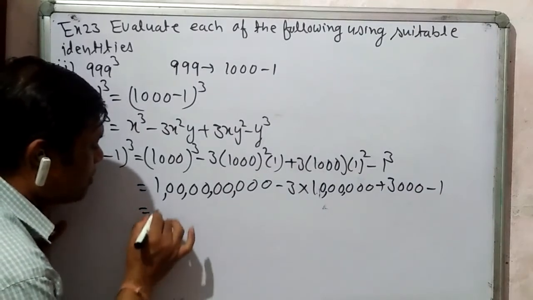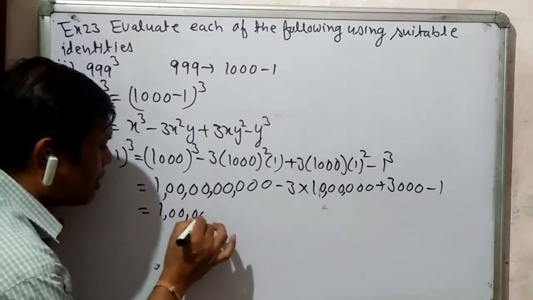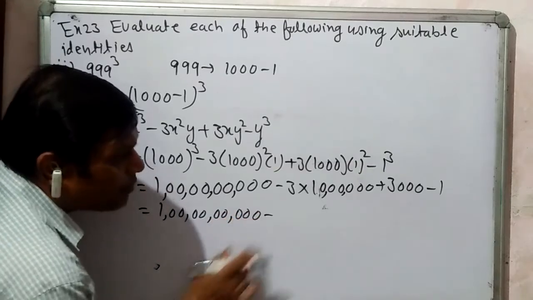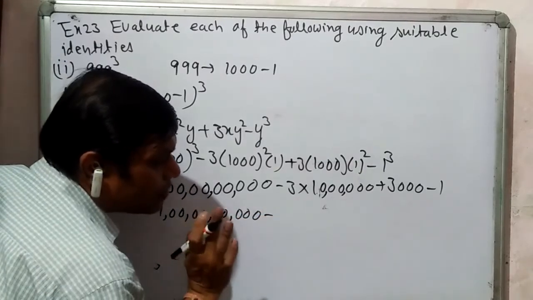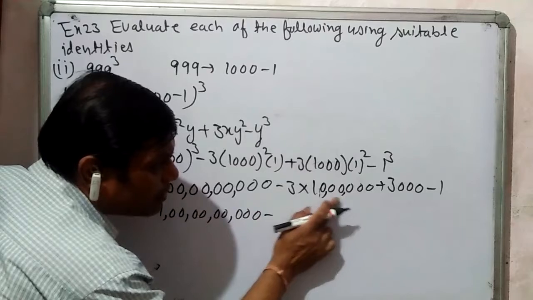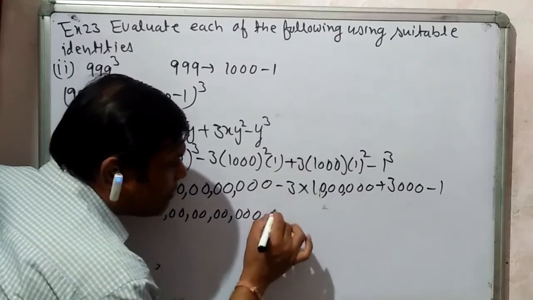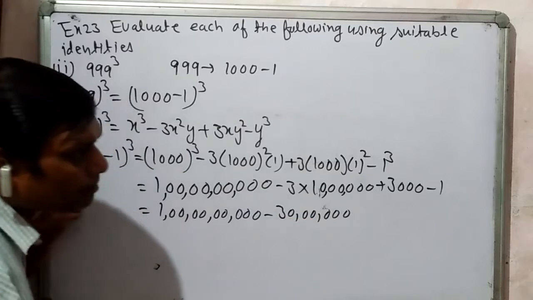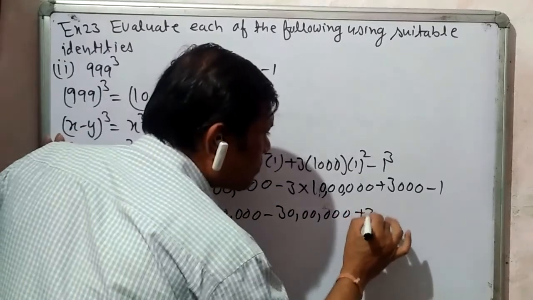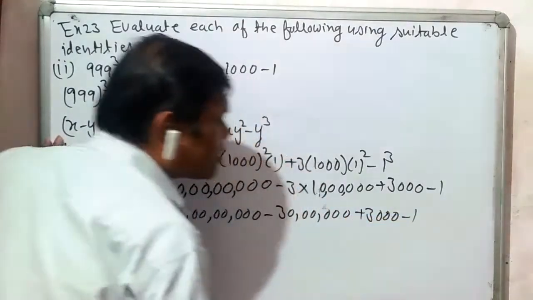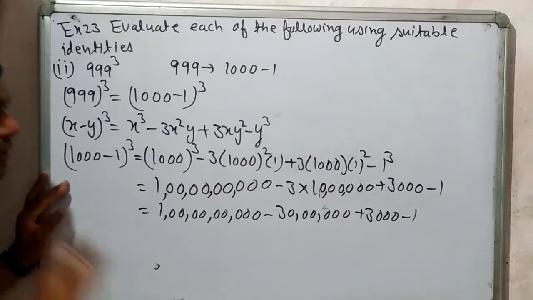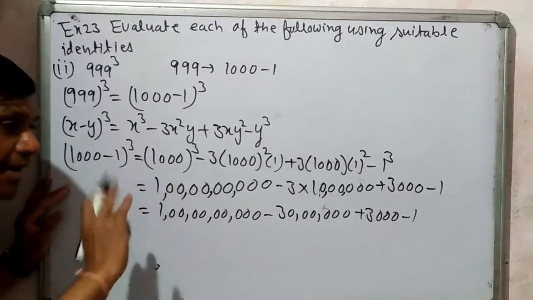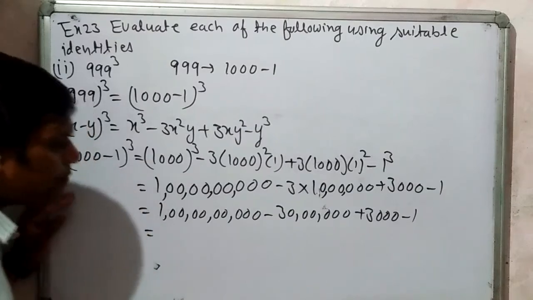Simplify the multiplications. 3 into 10 lakh will be 30 lakh, plus 3000 minus 1. Now here the trick is to solve the adding and subtracting numbers separately.